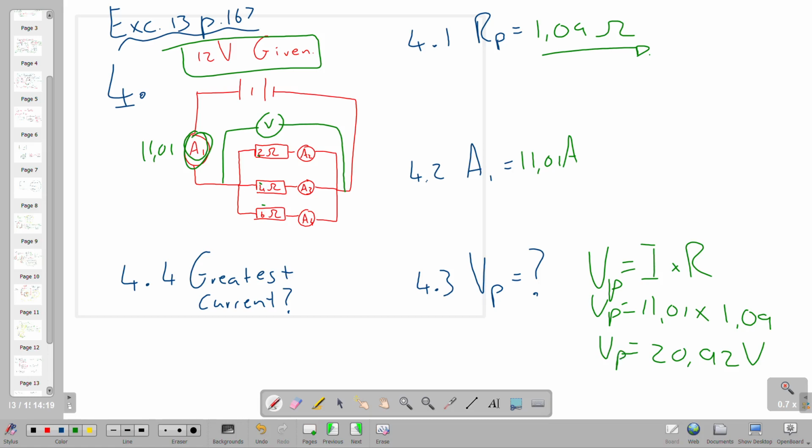Let me just double check that I did everything right there. Let me just quickly check. I think I made a mistake in one of the steps.